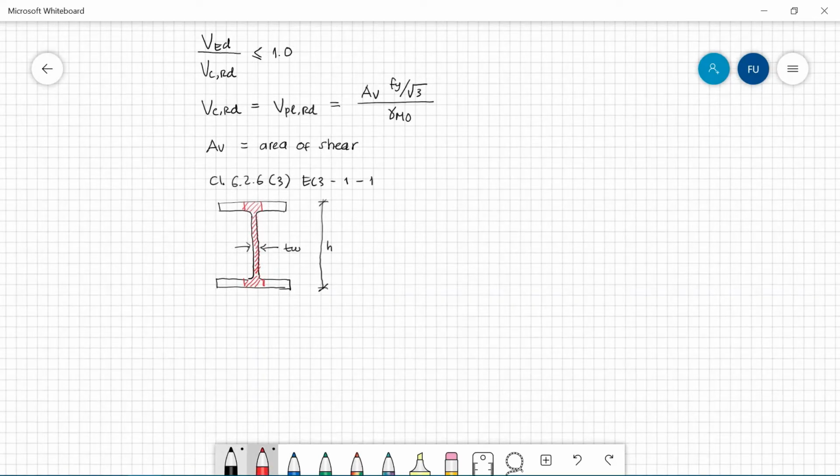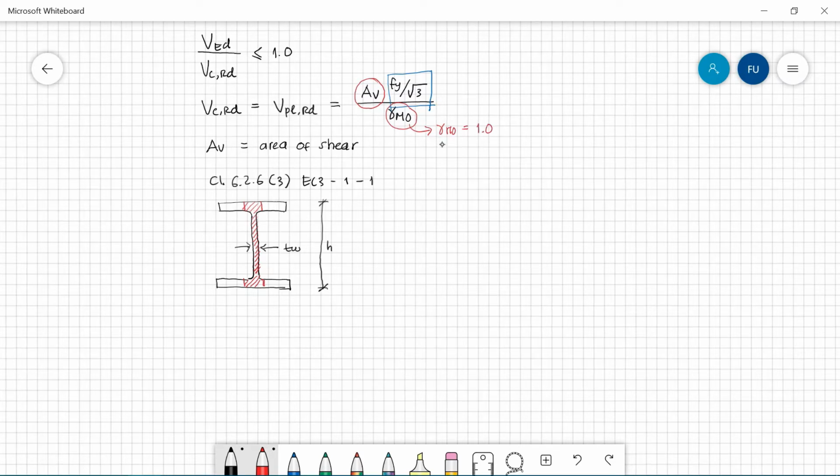It's only to determine the area of shear, and then by default there is a reduction in strength of the material, Fy over square root 3, and the value of gamma M0 is equal to 1.0.